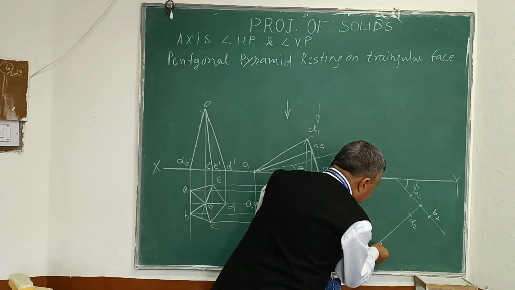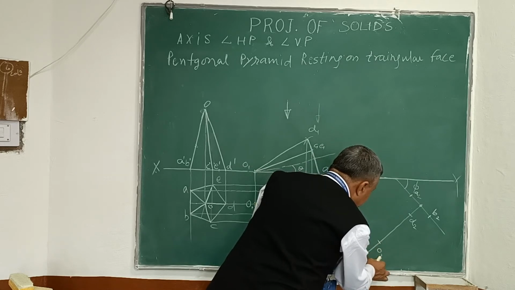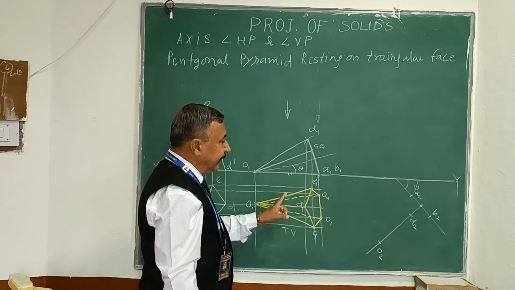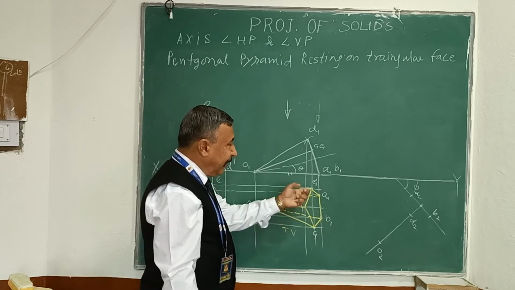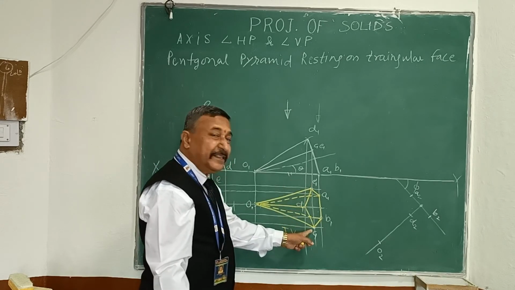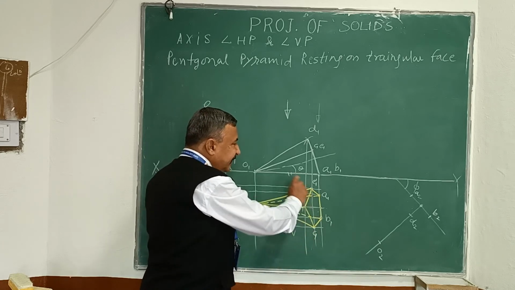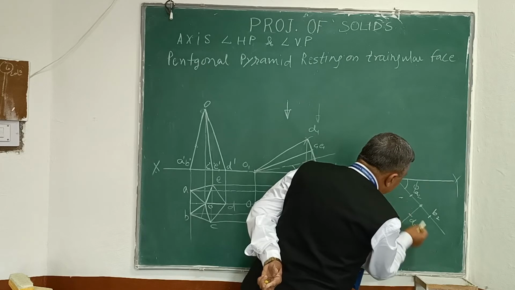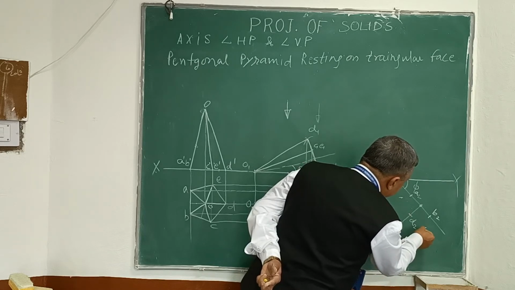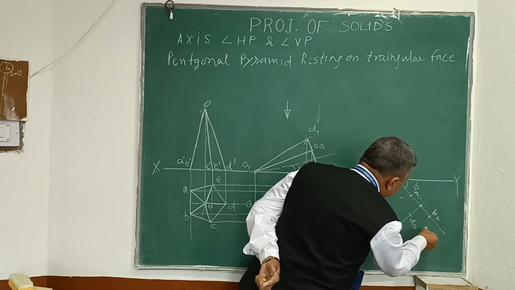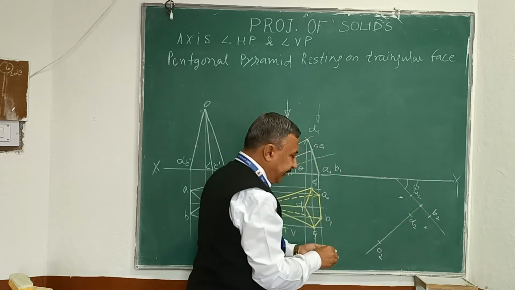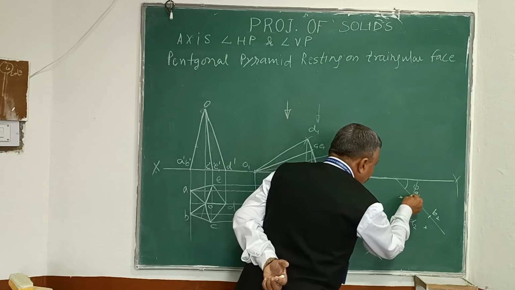So this gives you point O2. Now it is simple to mark E and C. From the compass, this distance, we can mark an arc here and an arc here. Then from B2 an arc here, from A2 an arc here, and we complete this view.